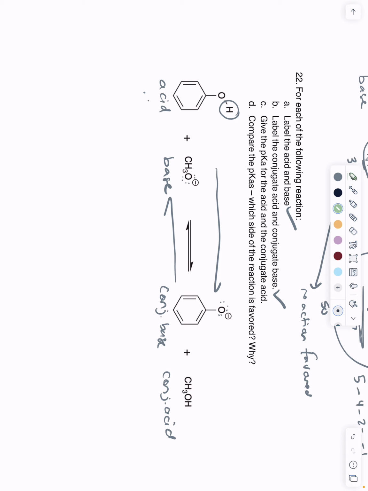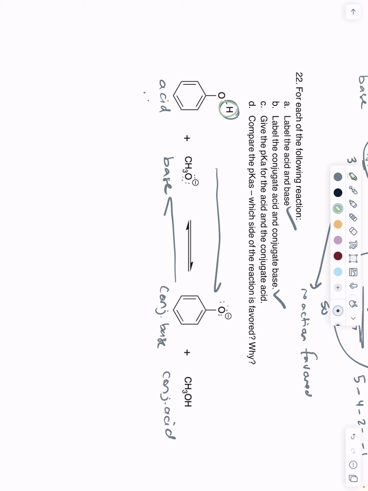I know that in general alkanes are 50 and alkenes are 44. I do know this one. I don't know what I was thinking. We're not looking at a hydrogen off of here. We're looking at this hydrogen, and this hydrogen is like an alcohol.